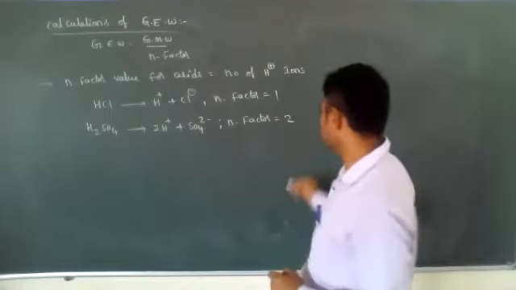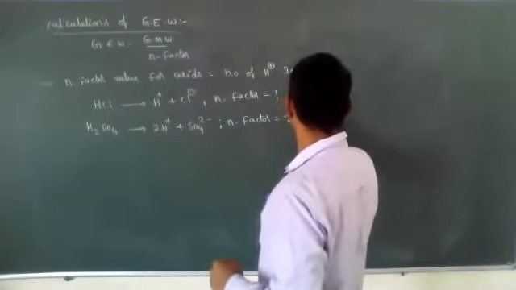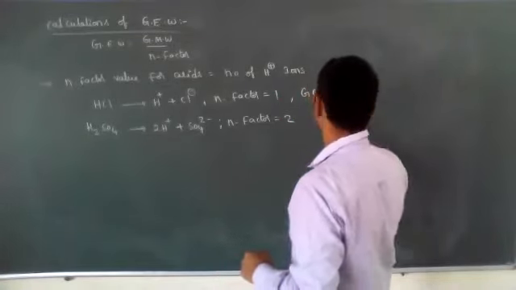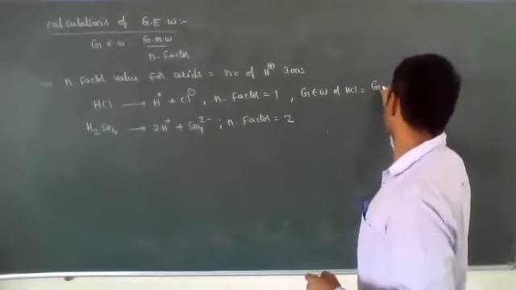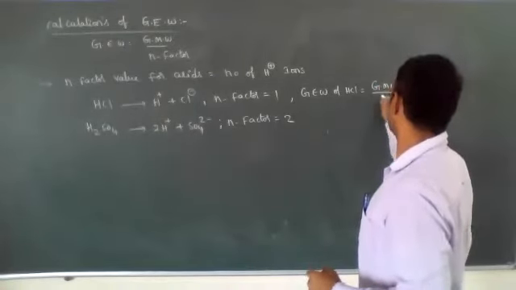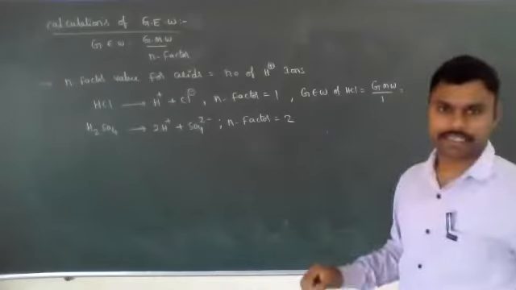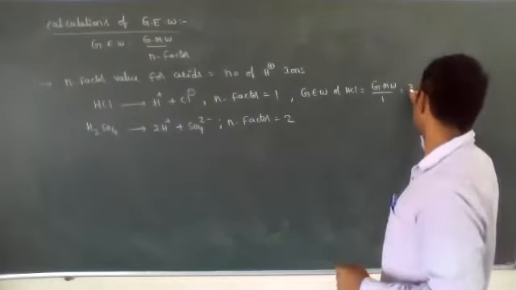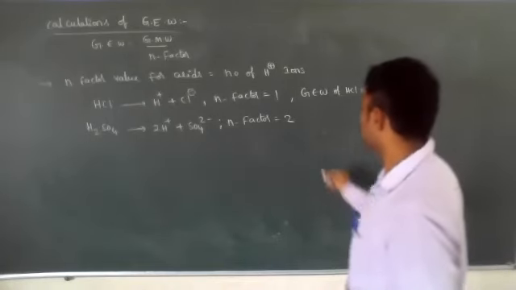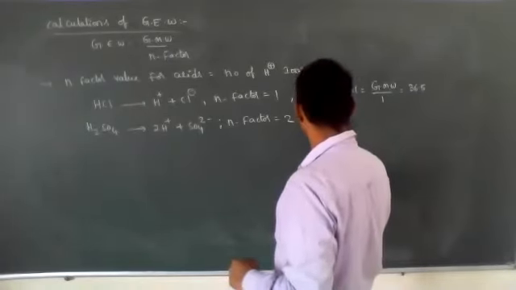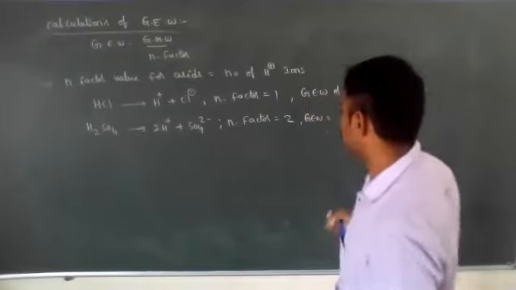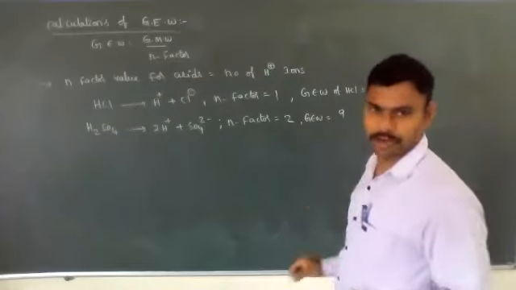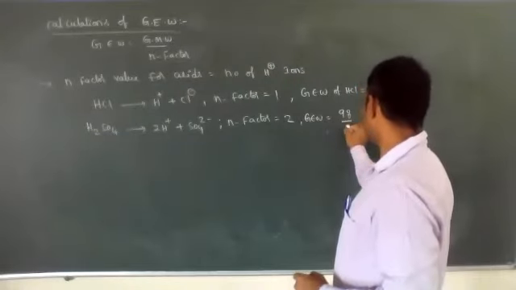Now, gram equivalent weight of HCl is equal to gram molecular weight by 1. What is the gram molecular weight of HCl? Hydrogen 1, chlorine 35.5, so 36.5. For H2SO4, gram equivalent weight is equal to the gram molecular weight of H2SO4, which we already found before as 98, divided by n factor 2.